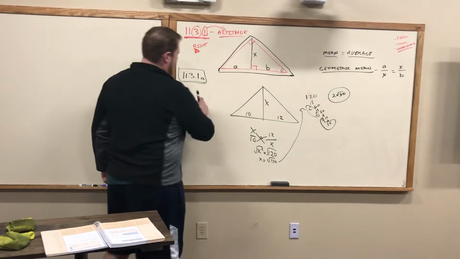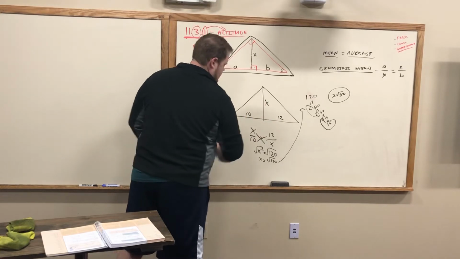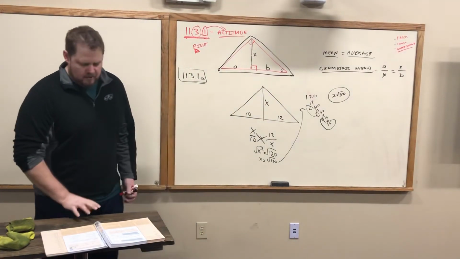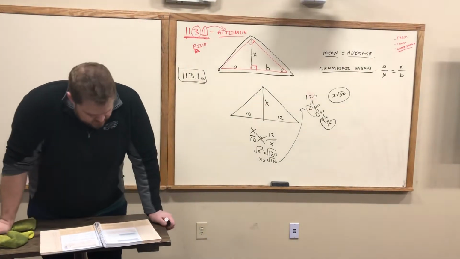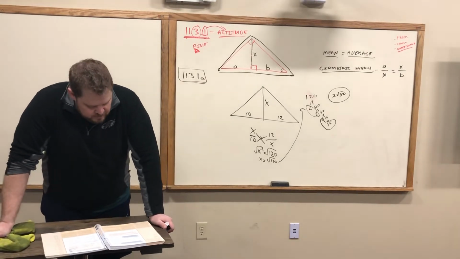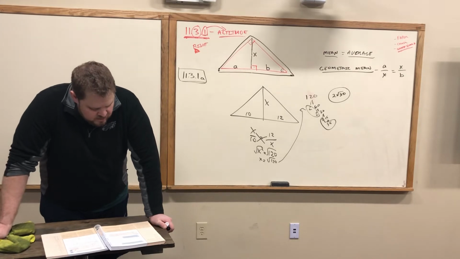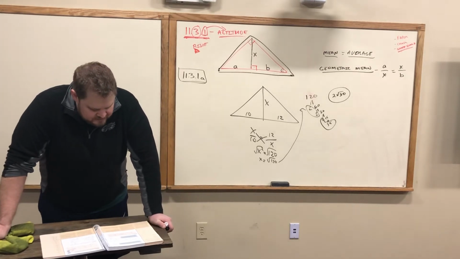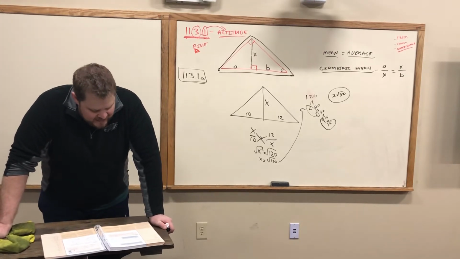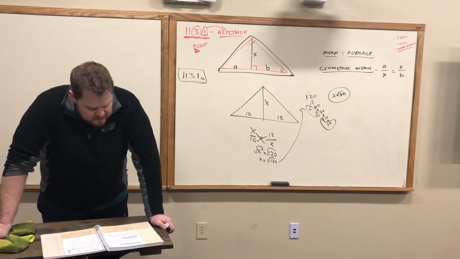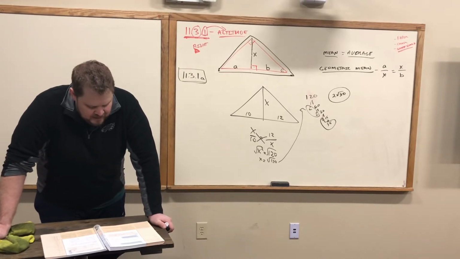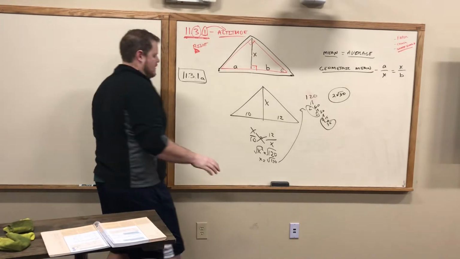So when you have the altitude, it is the geometric mean of these two sections. The second theorem you need to learn is this: the altitude to the hypotenuse of the right triangle divides it into two segments, and the leg is the geometric mean between the segment of the hypotenuse and the entire hypotenuse.